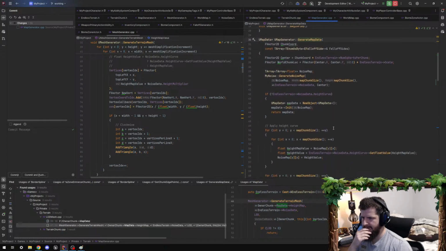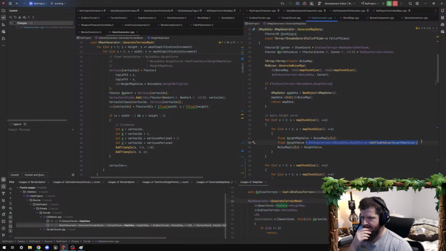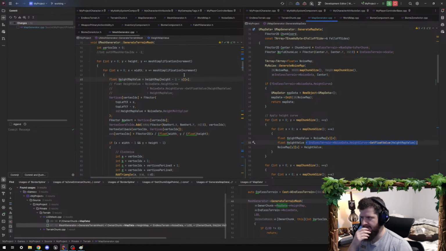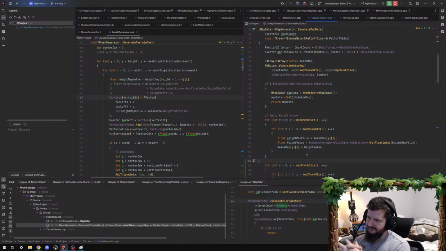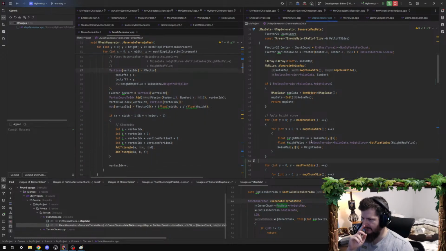Whenever I was, so I moved this. This is where I'm building the mesh over here. And I used to have this line where I was applying this height curve, which is the very last step, creating the mesh with all these points. Right now I'm just applying the points, fixing them up and applying fall-offs, borders, and stuff like that, doctoring them, essentially. So I moved that upstream in the process.